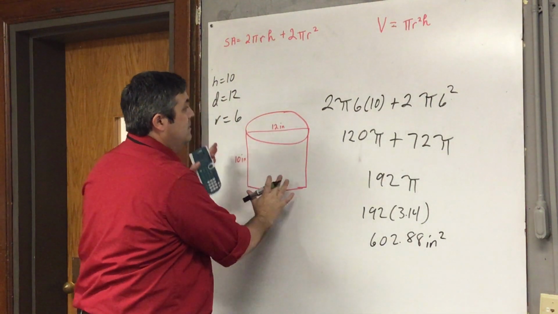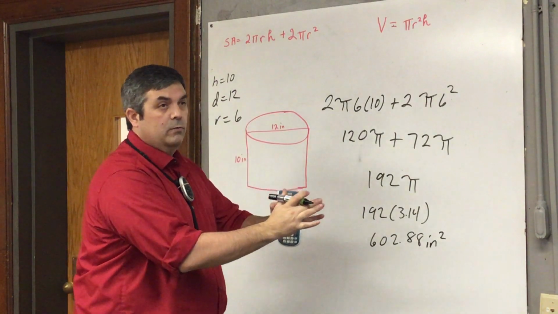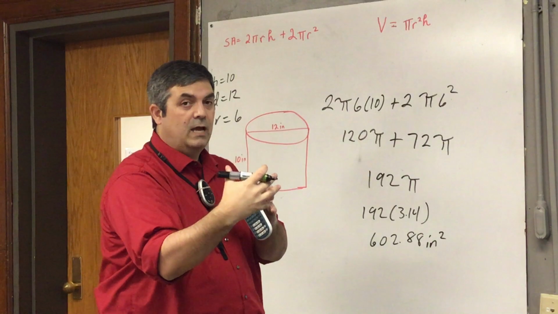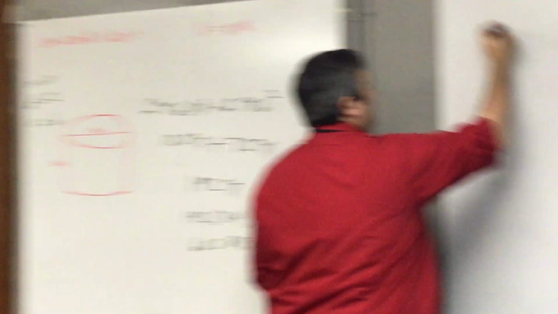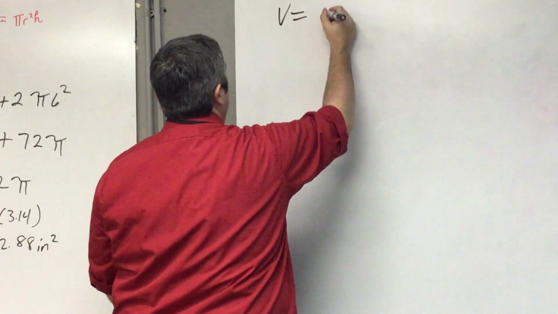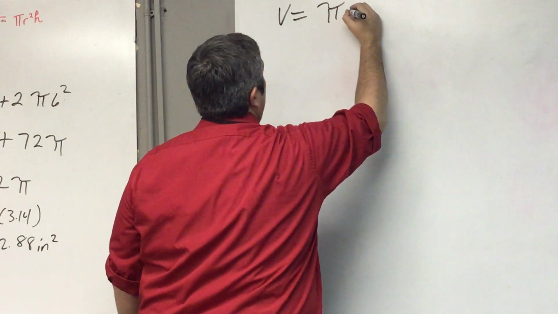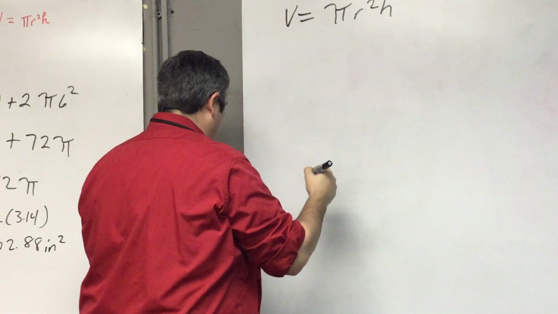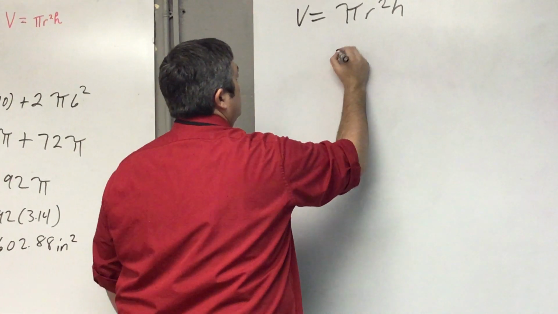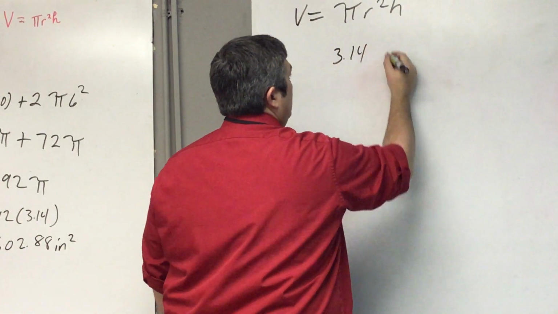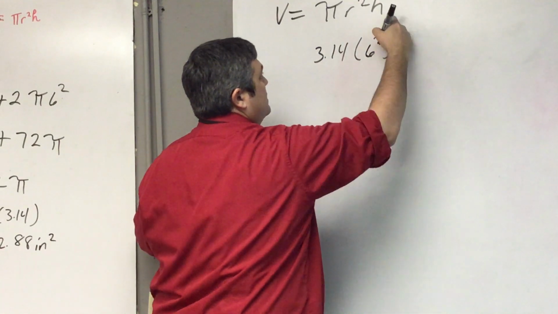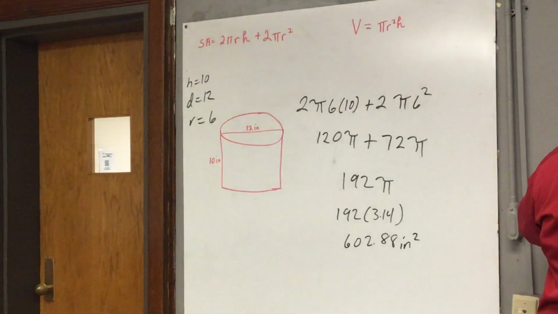Now, let's take the same number and do volume. And this time, I'm going to put 3.14 in for pi so that you get to see how that works. All right, so volume equals pi r squared times h. And again, I'm going to substitute in 3.14 for pi right off the bat. So 3.14 times the radius squared, well, our radius was 6, so 6 squared times h, which was 10.